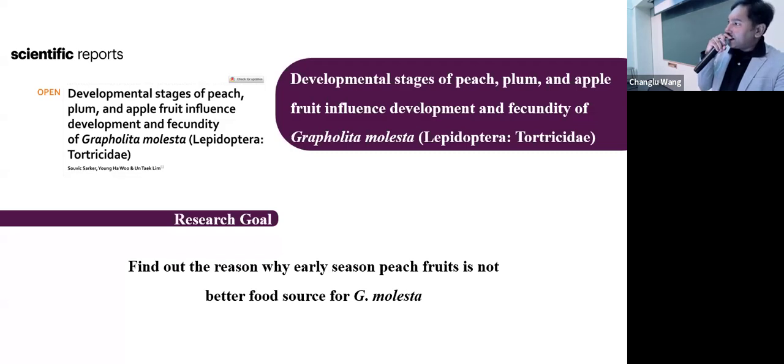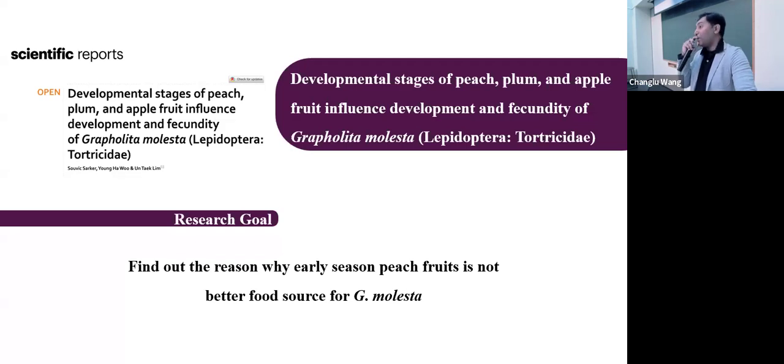Here, I evaluated different stages of peach, plum, and apple fruit. And what is the reason behind that? As we know, sugar content is very essential for larval development. So here we made two assumptions.